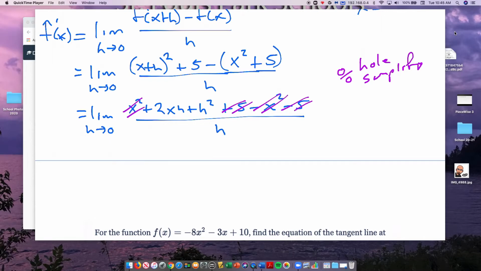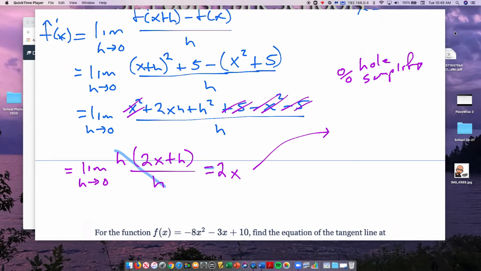If we do that, we have the limit as h goes towards 0, because it's still a limit, of h times 2x plus h, still divided by h. Great thing about that is those two reduce. Now when we put in 0, we end up with 2x.